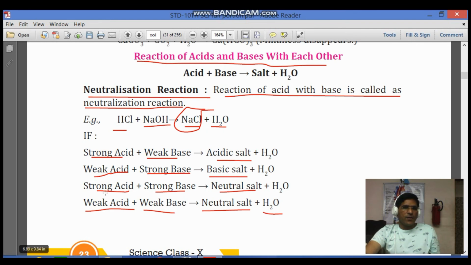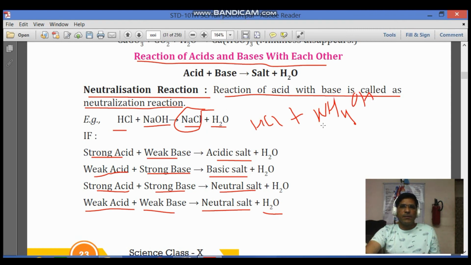If you see your textbook, more examples are there. Strong acid, strong base is one example. Now for strong acid we can take HCl, and for weak base we can take NH4OH. It's a weak base.